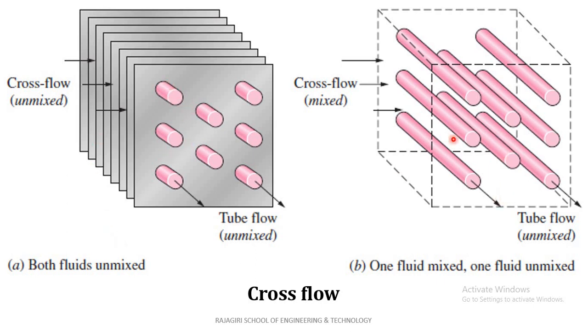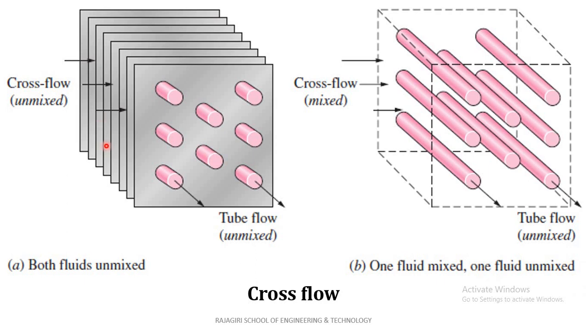Here you can see in both figures, one fluid moves in this direction and the other fluid moves at right angles to that direction. One type is both fluids unmixed, and the other is one fluid mixed, another fluid unmixed.